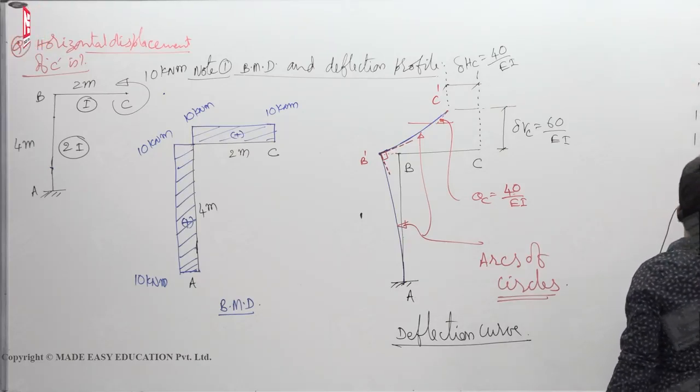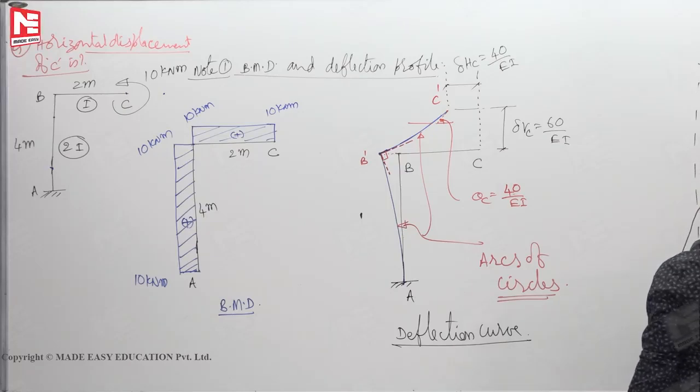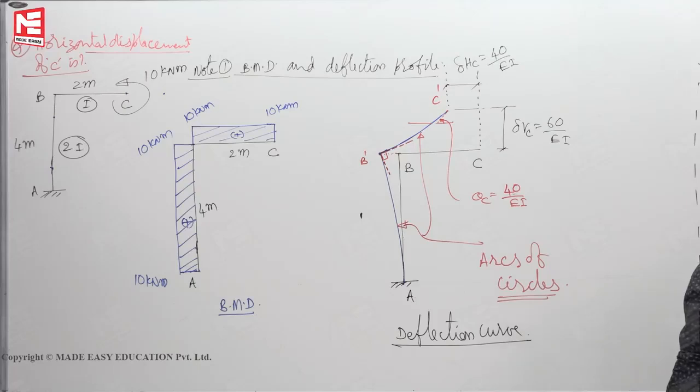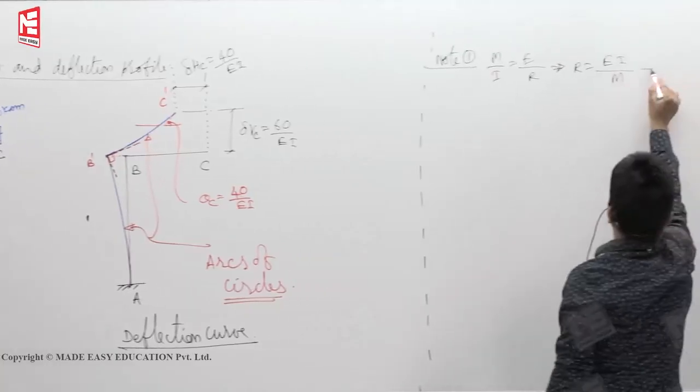Note 1. M by I is equal to E by R. So R is nothing but EI by M. If EI is constant, M is constant, then R is constant.